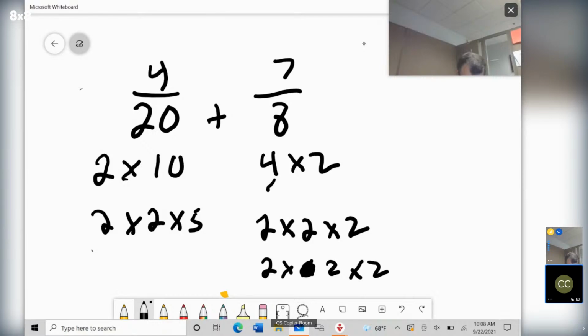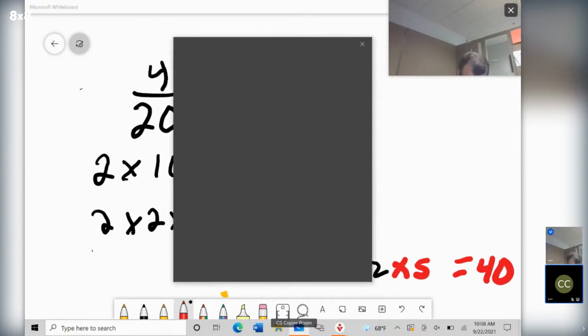So 2 times 2 is 4, times 2 is 8. The one last thing we're missing, though, is this 5. 8 times 5 is going to give us 40. So 40 is going to be our common denominator. It's the least common multiple. So if we did, these would now be over 40.